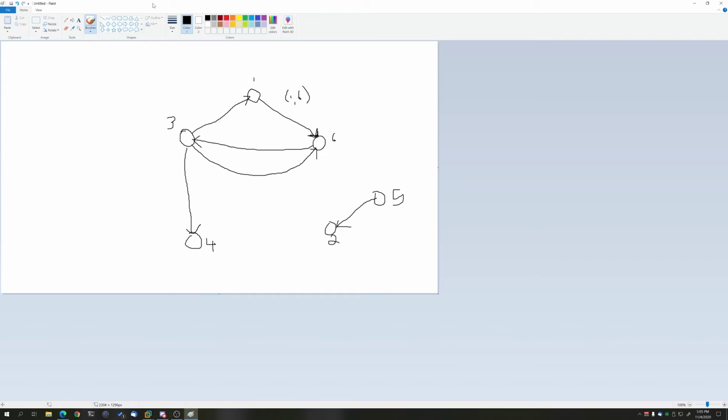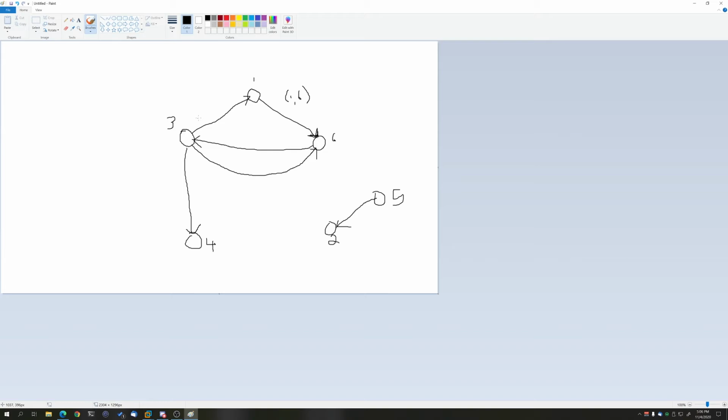Now, to describe the connectiveness of a vertex, we can use two factors. An out degree is the number of arcs that begin at that vertex. So basically, the number of arcs that start there. So we're just going to count all the non-arrows. For vertex 3, we have 1, 2, 3.